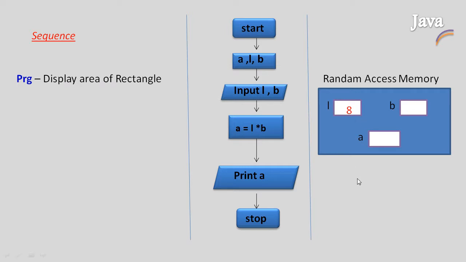The next value, suppose I have input 4, is going to be stored at runtime inside the B memory space, or you can say in the B variable, which is going to be allocated at runtime inside the random access memory.